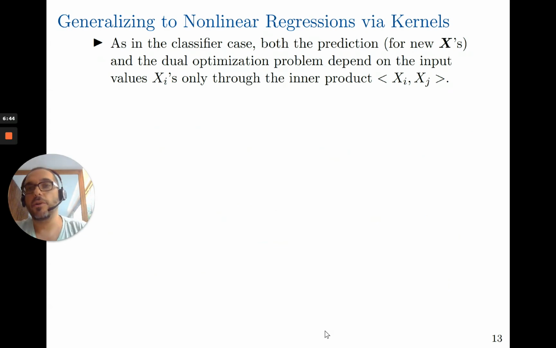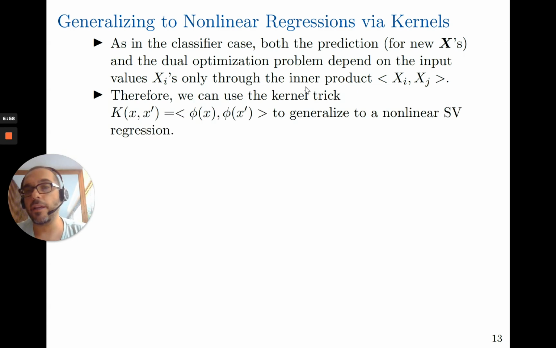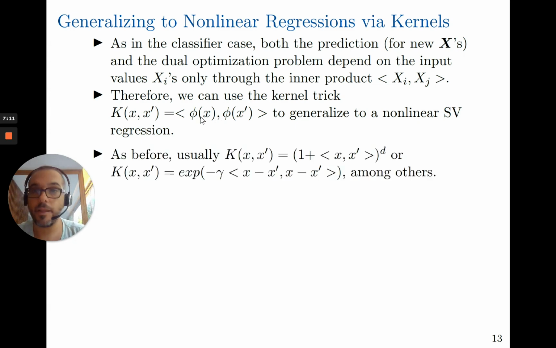So as in the classifier case, we just need to work with the inner product of xi, xj. And we can, of course, define the kernel trick by defining the kernel as the inner product of the eigenfunction phi of x.